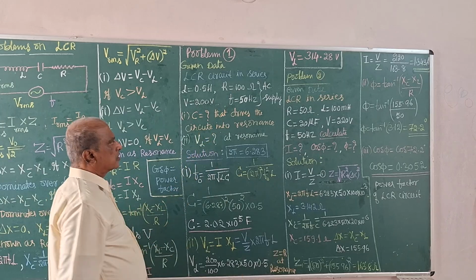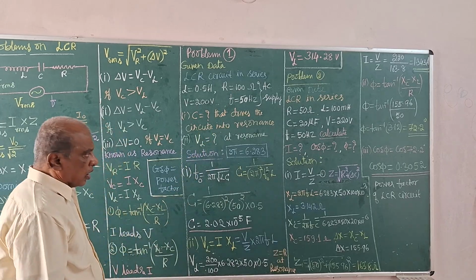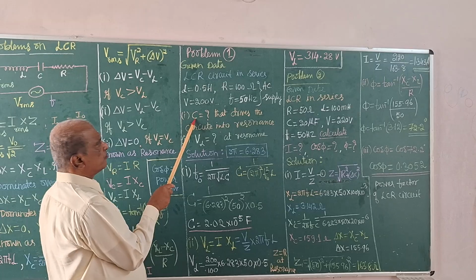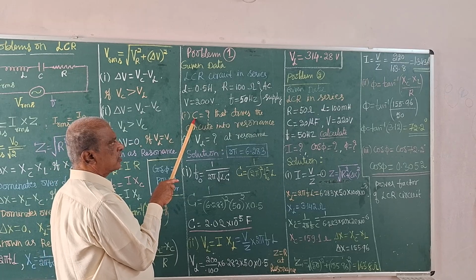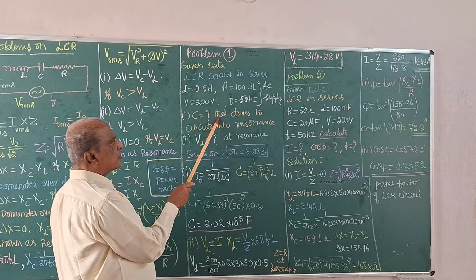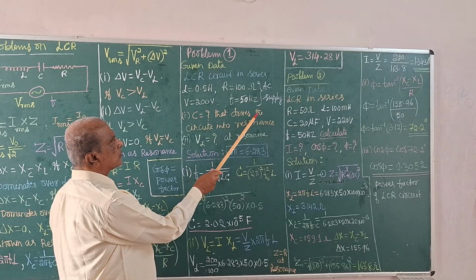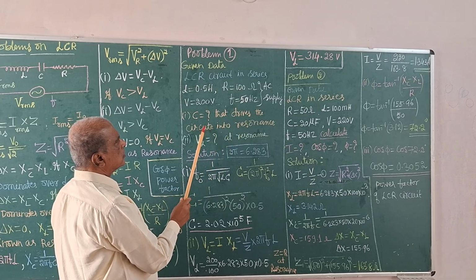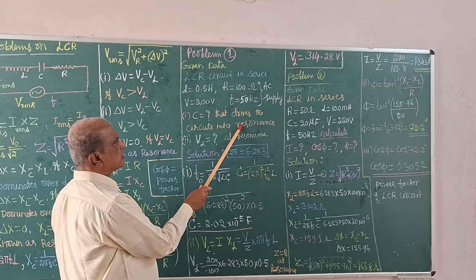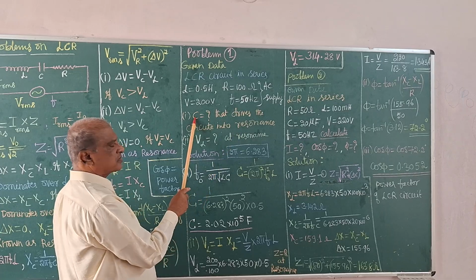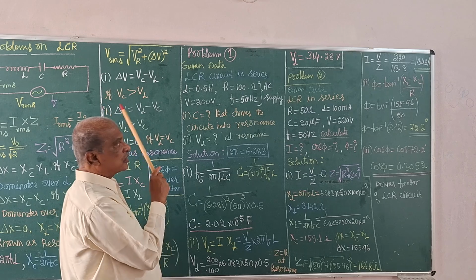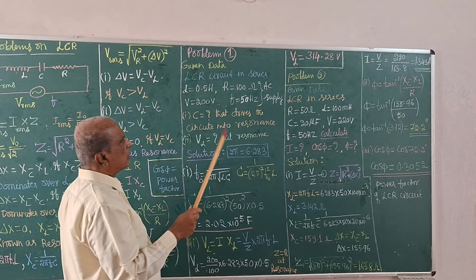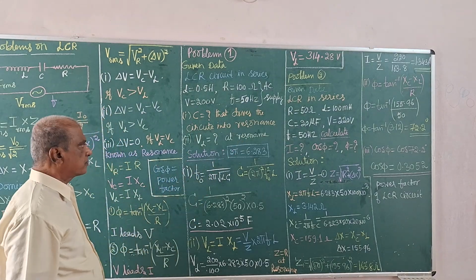All these data are given, and we are asked to calculate the capacitance of the capacitor which can drive the circuit into resonance. What capacitance value is required to drive the LCR circuit of this data into resonance?